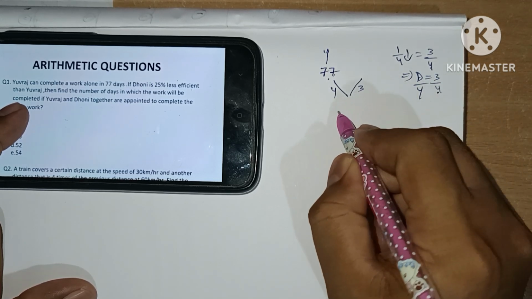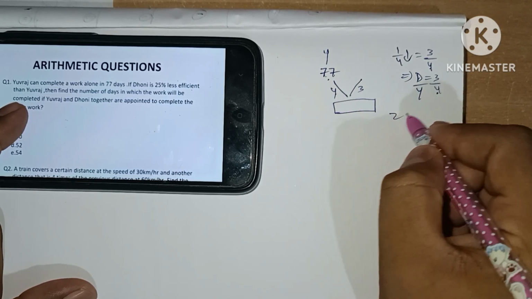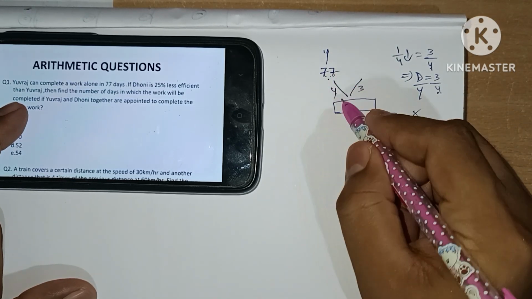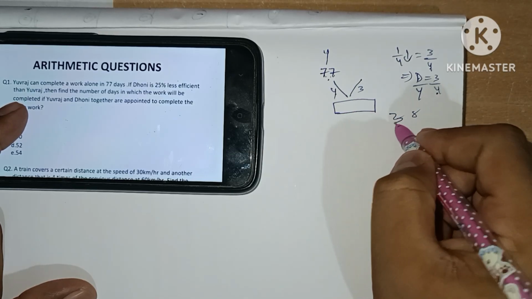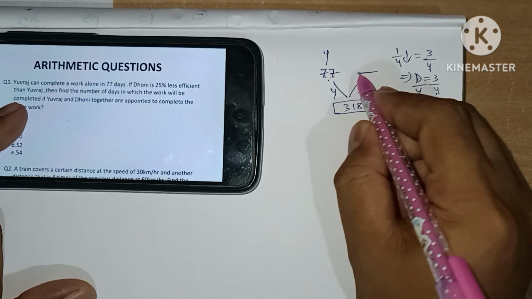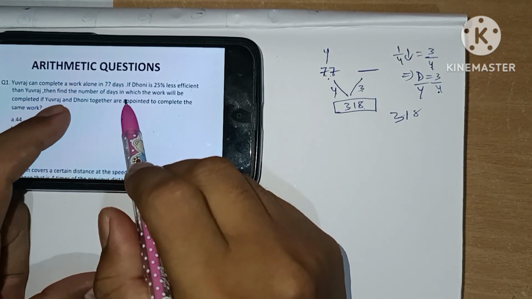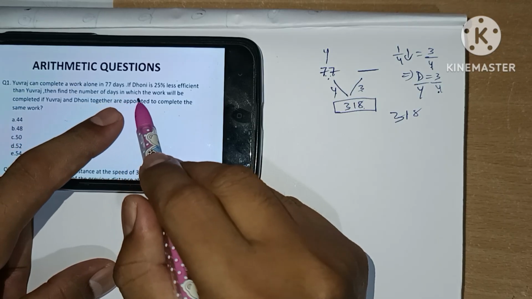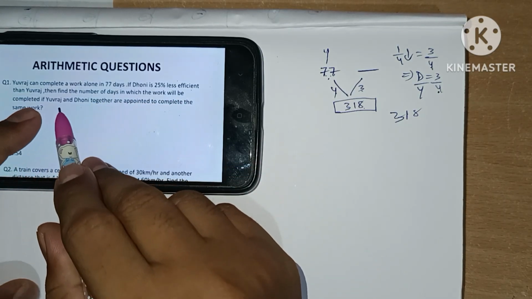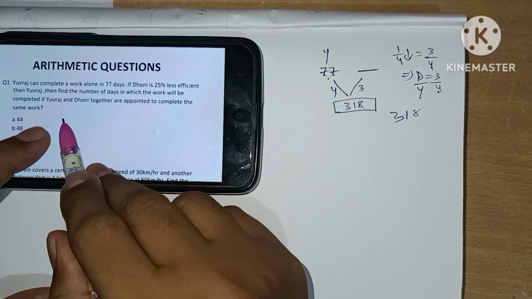So here the total must be 77 into 4, which is 28 into 11, which will be 308. So here the value is 308. The question asked is, find the number of days in which the work will be completed if Yuvraj and Dhoni together are appointed to complete the same work.